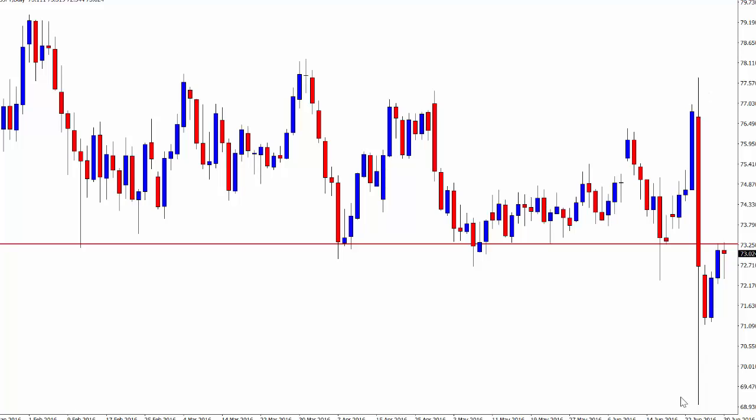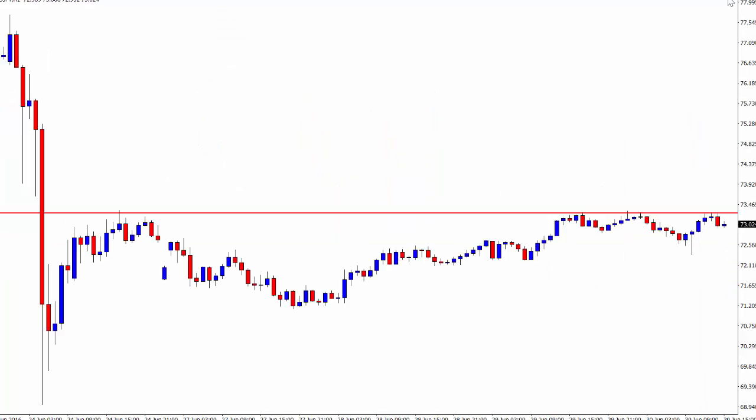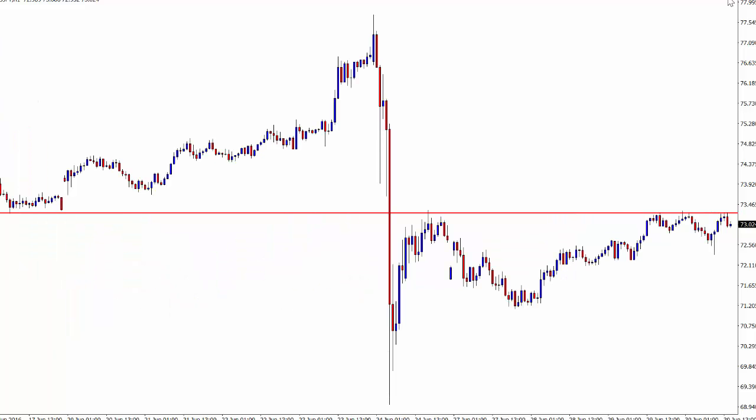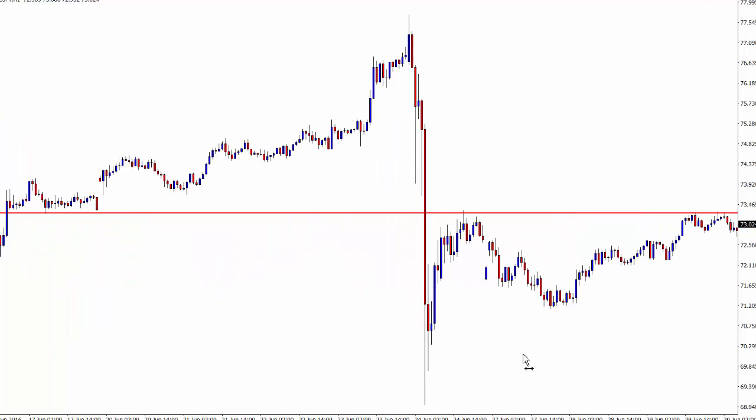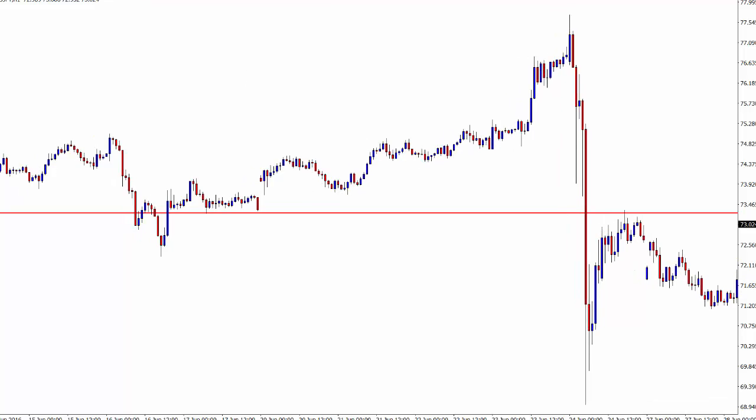This is one daily candle, but if we move over to the 1 hour chart, what we don't see on the daily chart is, as we were just discussing, this really quick retracement back into that old support and new resistance level.